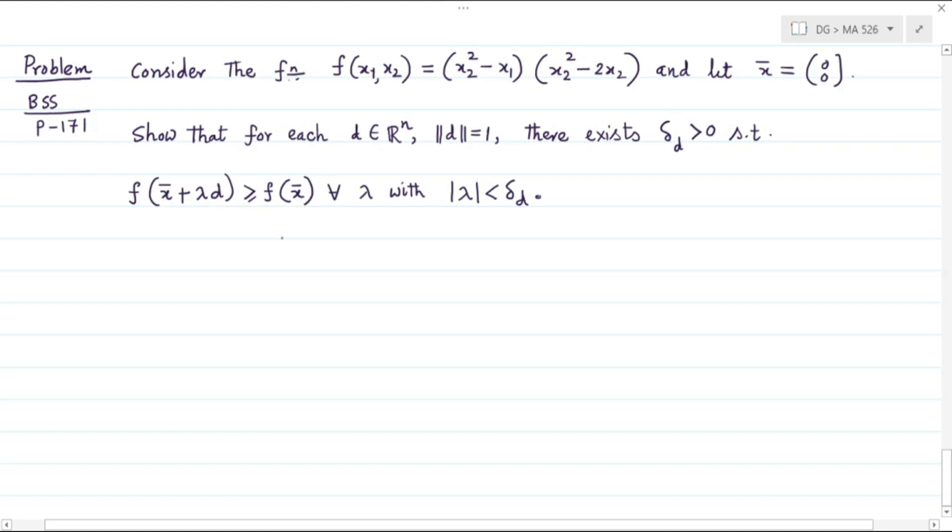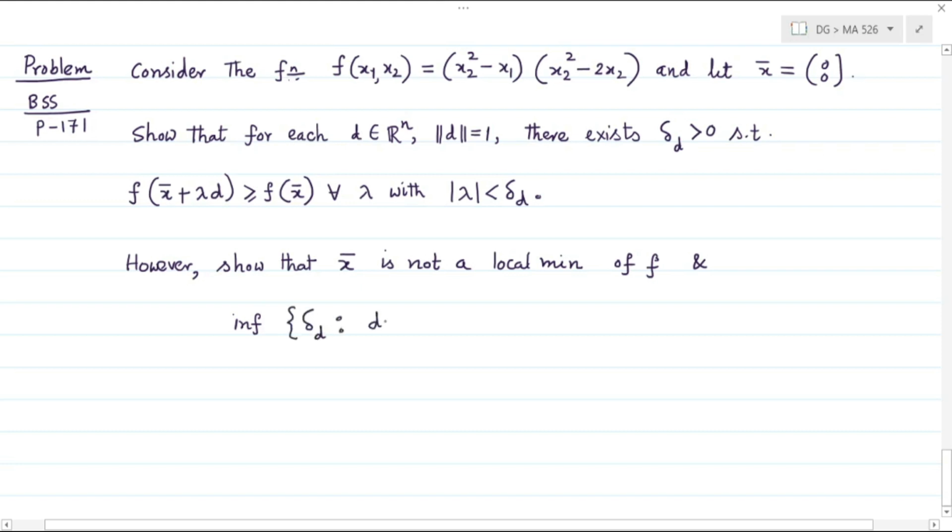Fine. However, show that x bar is not a local minimum of f, and why is it not coming? For that, the logic is infimum of all these delta d is equal to 0.